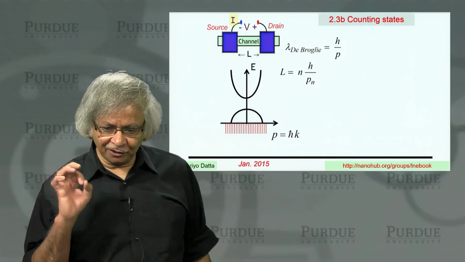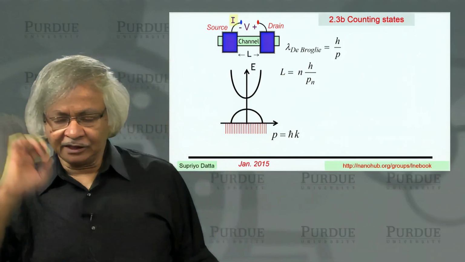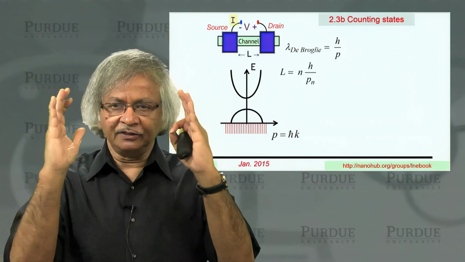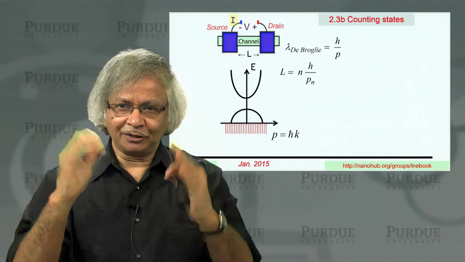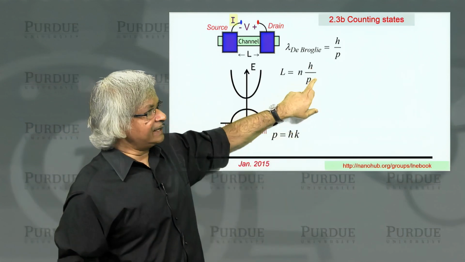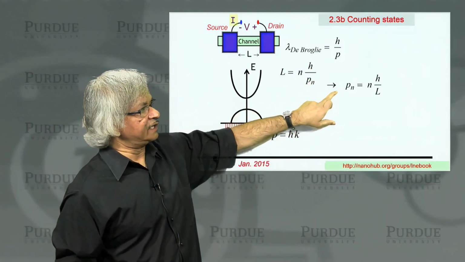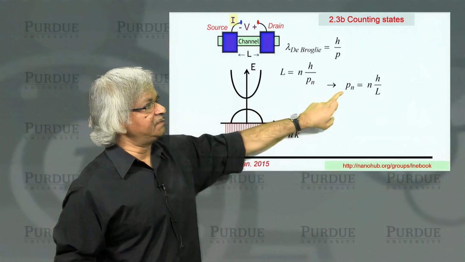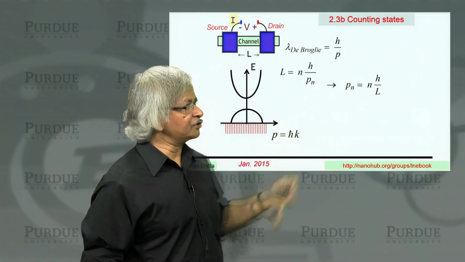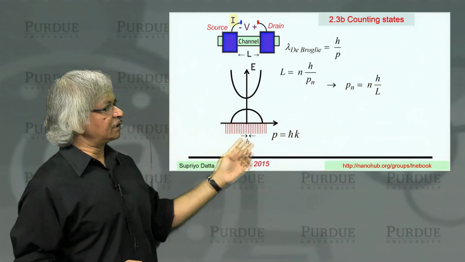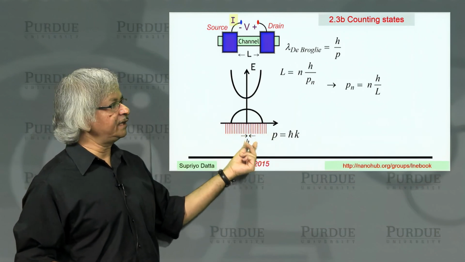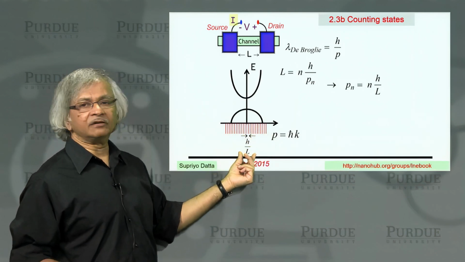So the condition you are imposing is that an electron with a certain momentum has a certain wavelength, and that wavelength must fit into this box of length L. Now if you accept that, we could turn that around and say Pn must be an integer times h over L. And that immediately tells you what this spacing is. The allowed values of P are simply discrete multiples of h over L.